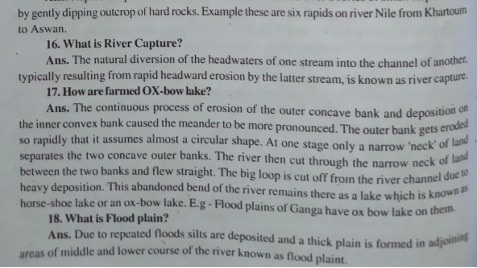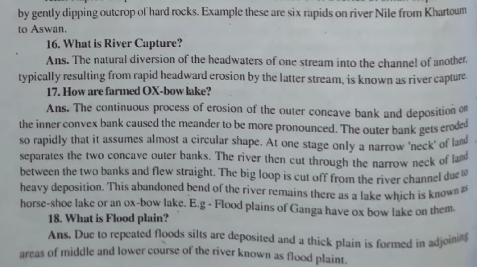Next question is how is an oxbow lake formed? The continuous process of erosion of the outer concave bank and deposition on the inner convex bank causes the meander to be more pronounced. The outer bank gets eroded so rapidly that it assumes almost a circular shape. At one stage, only a narrow neck of land separates the two concave outer banks.